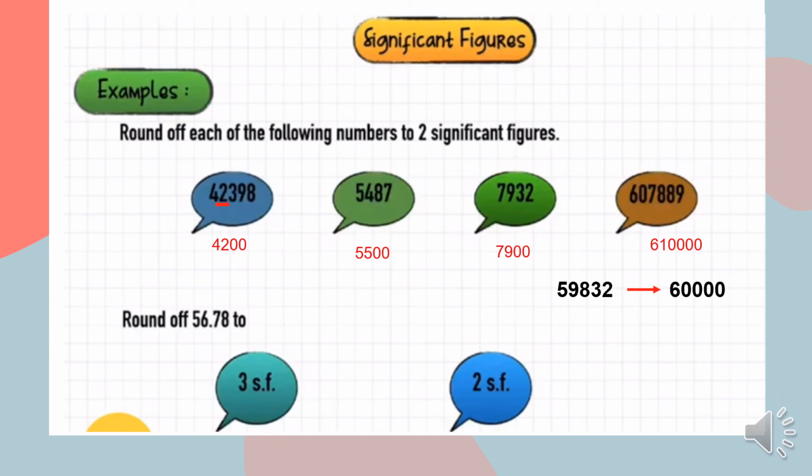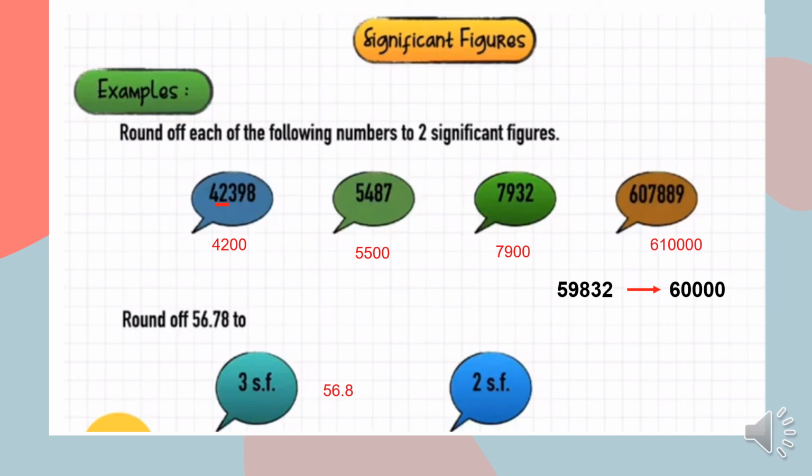So 5, 6, 7, 8. We underline 7, because 7 is going to give you the 3rd significant number, and then you compare to 8, and then you will get 56.8.